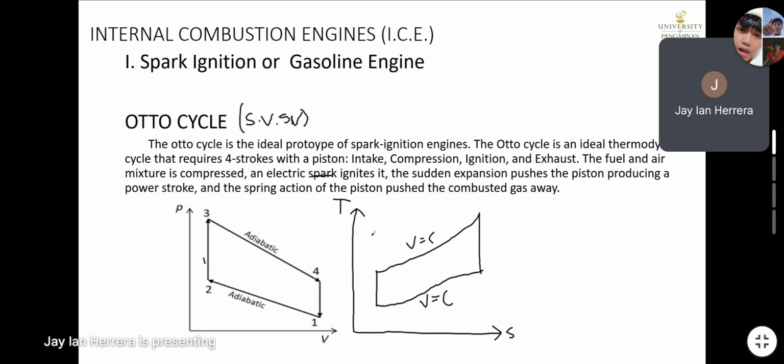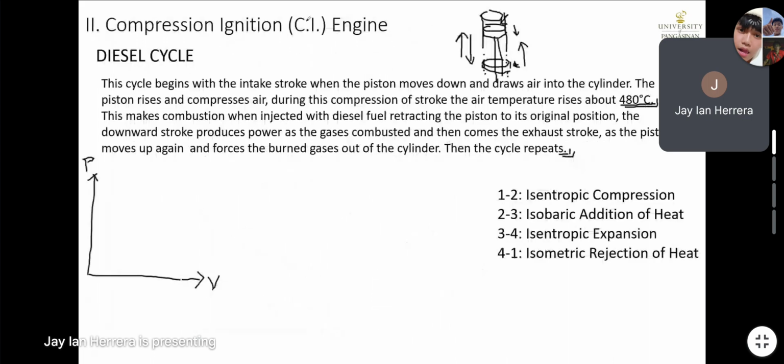And sa diesel naman, this is SPSV, or dalawang isentropic, isang isobaric or constant pressure, and then isang isometric or constant volume.